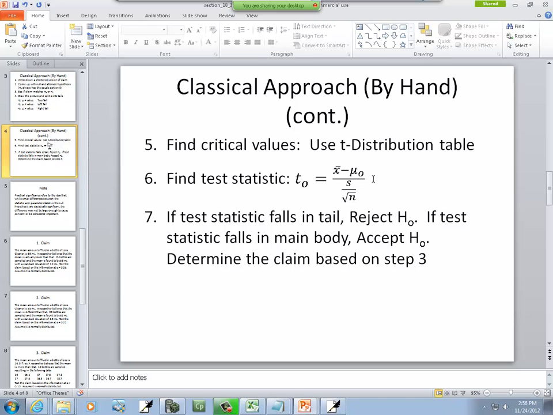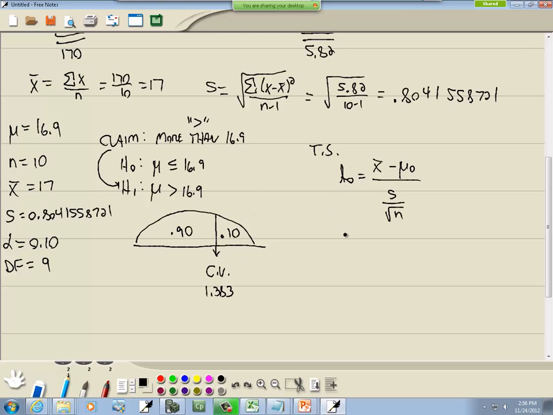X bar we said was 17, minus mu naught, which is 16.9, divided by S, which was 0.8041558721, divided by the square root of N, which is the square root of 10. And no, you cannot round that. Typically, you don't round until the very end. You don't do it in the middle of a problem. So parentheses are on top, parentheses are on the bottom.